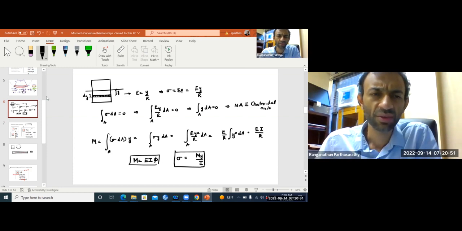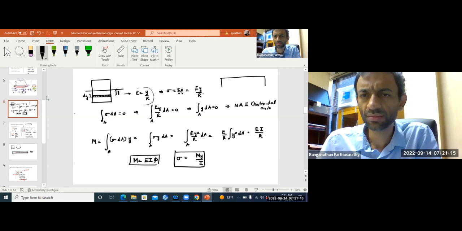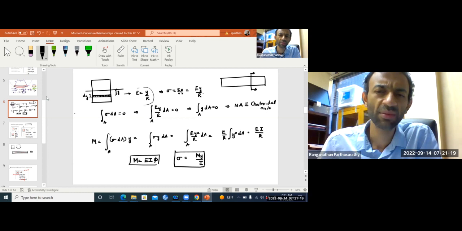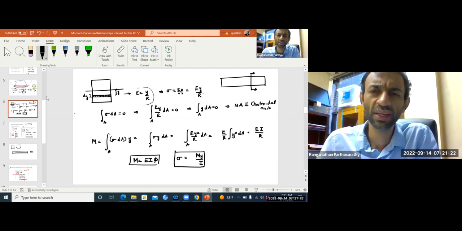But anyway, we know that the strain at level y is y over r, as you just saw. So your stress at that level is nothing but elastic modulus times strain. This is Hooke's law. So you have E times y over r. You have two equilibrium equations at this section, that is, force balance and moment balance. If you're having pure bending, there is no axial force there.